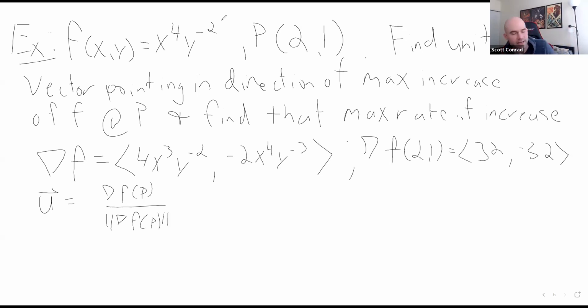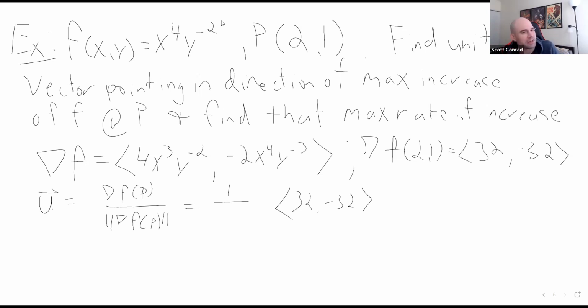What is the magnitude of our gradient? Yeah, so you could say square root 2048. That's one way to do it.